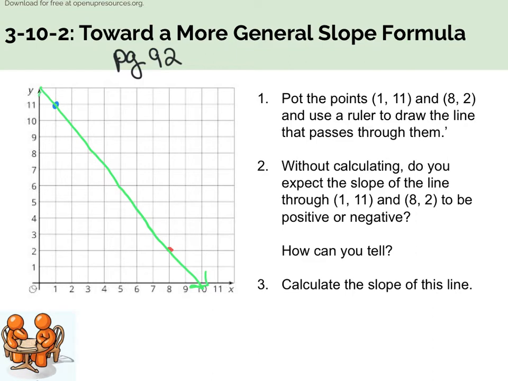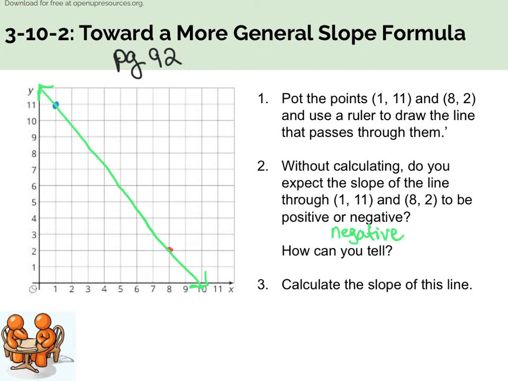Just looking at it, this slope is going to be negative. How can I tell? If we read it from left to right, this is going down the hill. Anytime it goes down the hill, our slope is going to be negative.